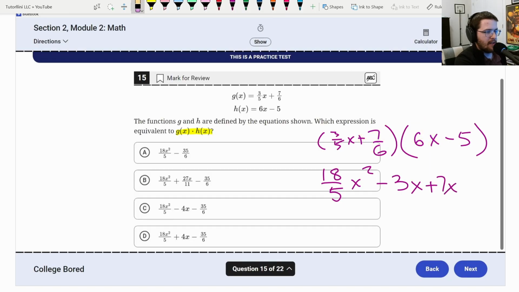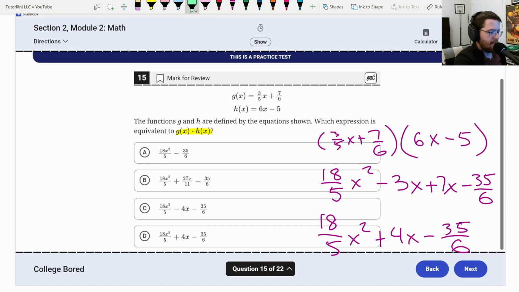And then last, 7/6 times negative 5, that is negative 35/6. We now combine the like terms. Negative 3x plus 7x is 4x. So we get 18/5 x squared plus 4x minus 35/6. And that is answer choice D.